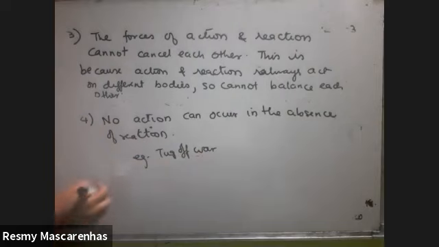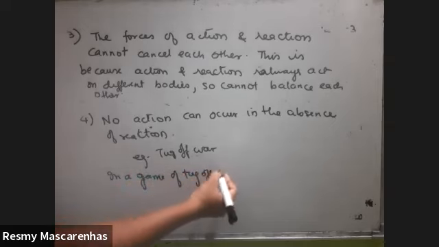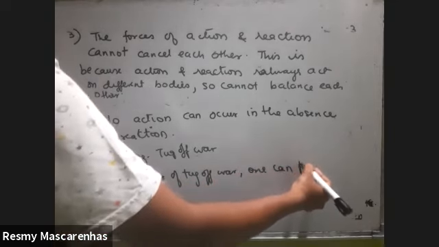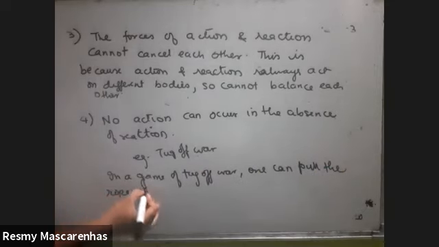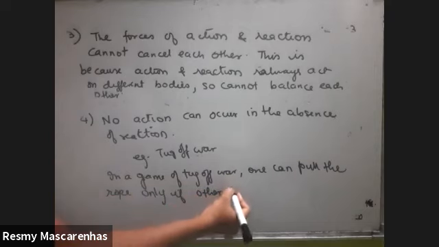So tug of war can be an example. In a game of tug of war, one can pull the rope only if the other team is pulling on the other side.